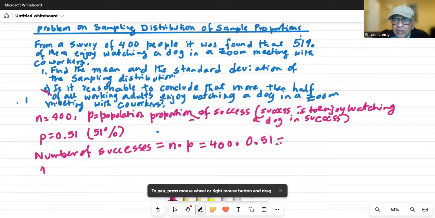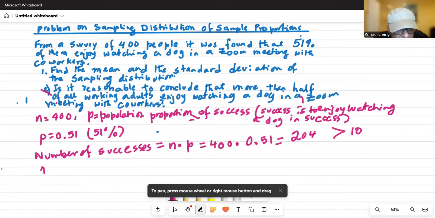So 400 multiplied by 0.51 is 204, which is greater than 10.